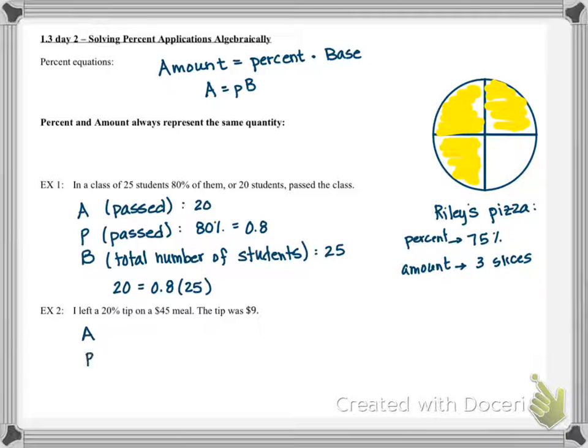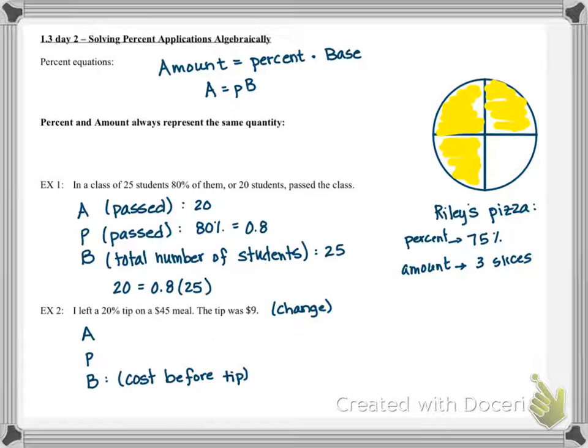And where that comes up is that if it is a problem involving change, your base is always going to be the price before the change. So before the tip, before the discount, before the increase, before the decrease.